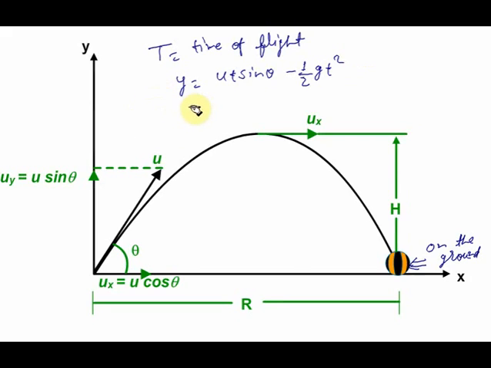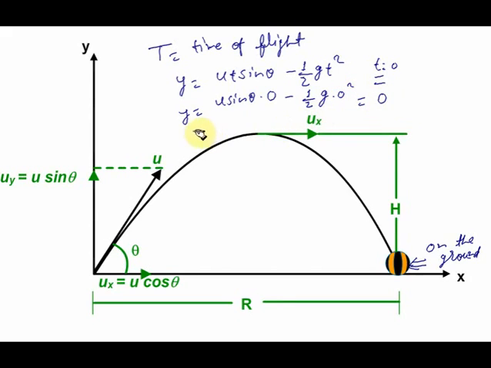Now as you can see, the displacement along y direction will be 0 at time t is equal to 0, because if you put t is equal to 0 in this formula, you will get y is equal to u sine theta into 0 minus half g into 0 square, which is equal to 0.